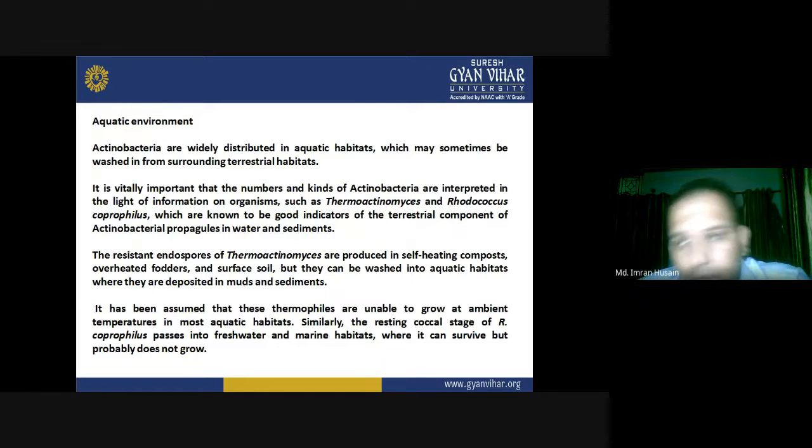Aquatic environment. Actinobacteria are widely distributed in aquatic environments, which may sometimes be washed in from surrounding terrestrial habitats.